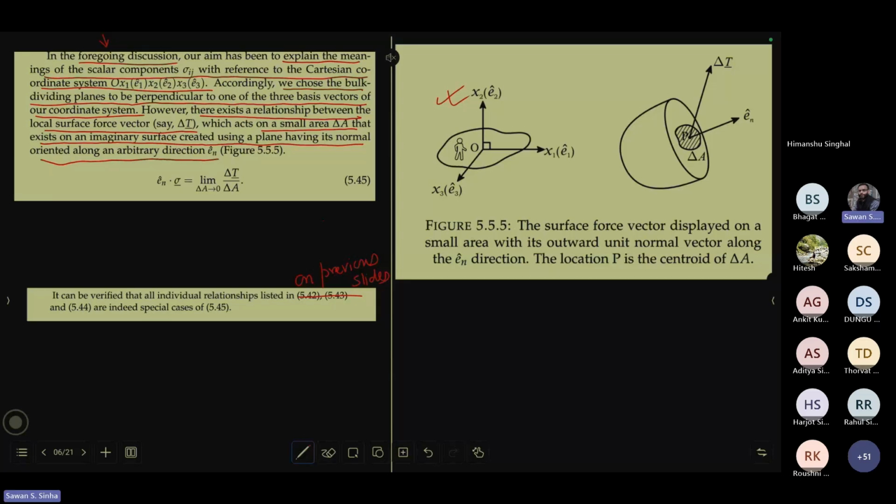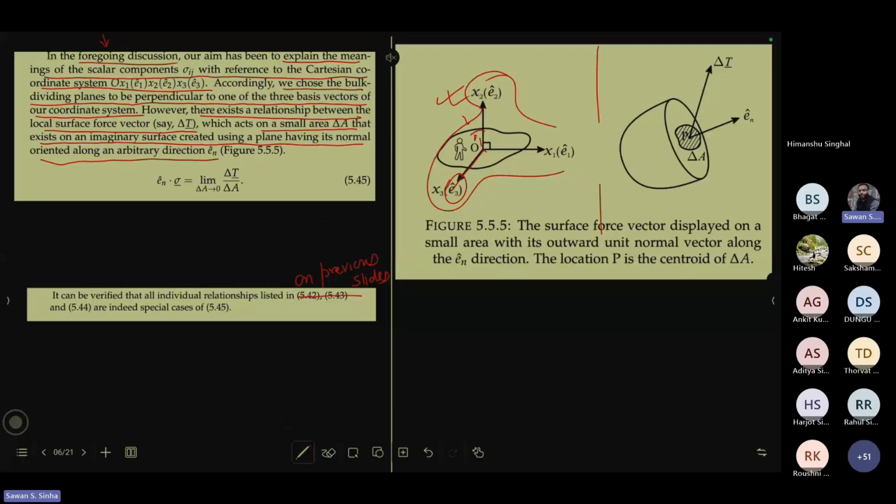Let's have a look at this figure to understand what I'm saying. This is my frame fixed Cartesian coordinate system. So far I was making cuts, cutting the bulk either like this, or such that the unit normal was along E3. We need not do that all the time.